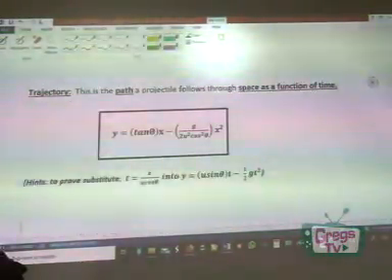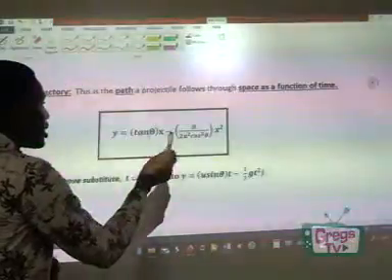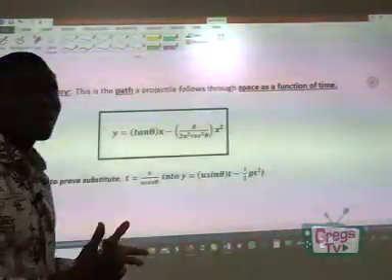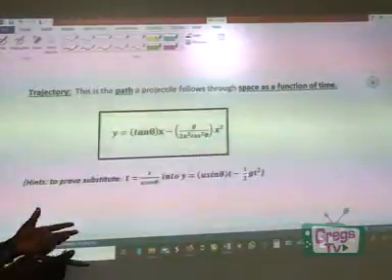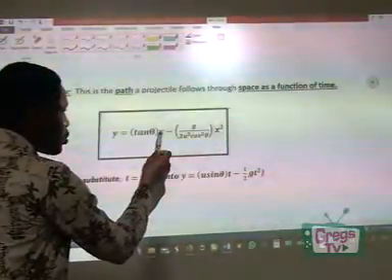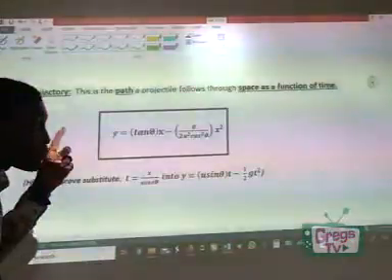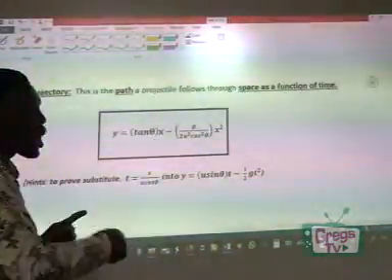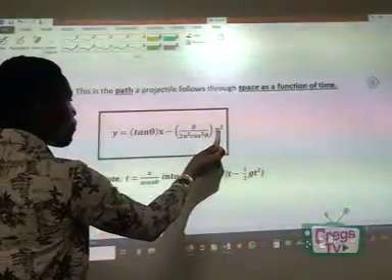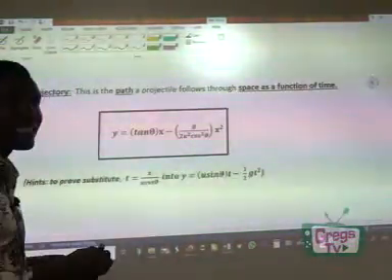That's the equation of trajectory. If you check it very well, you will see that it follows the pattern of a quadratic equation, in the sense that you have the x squared and you have the x.